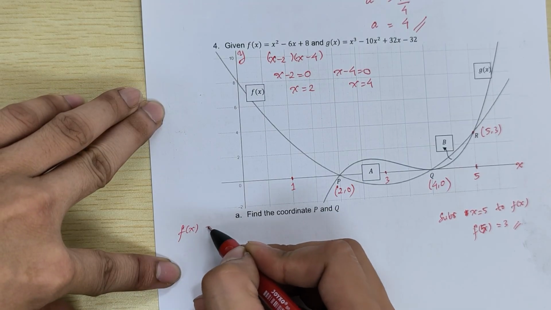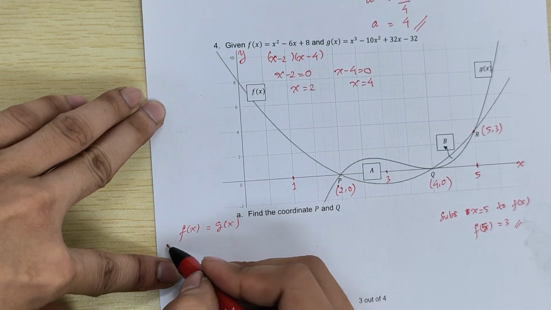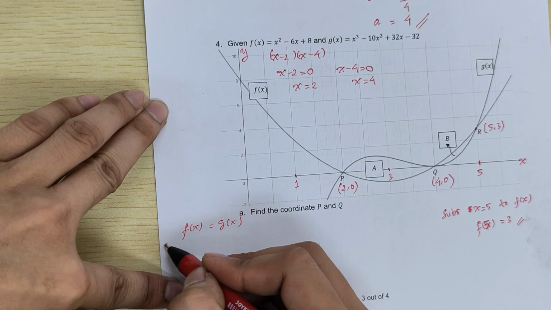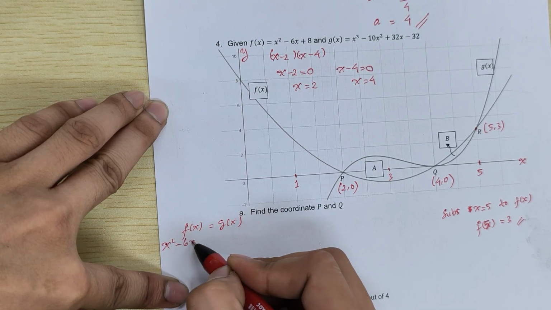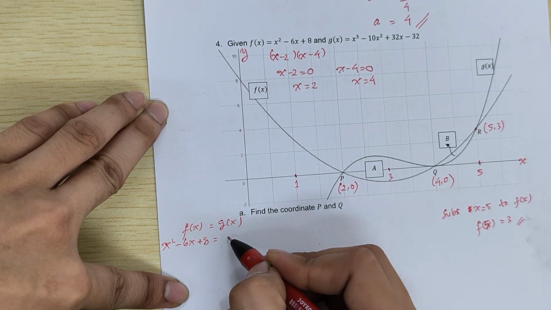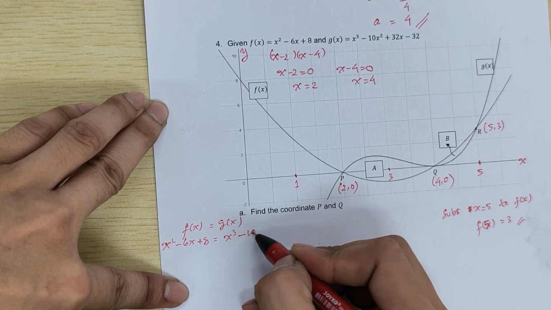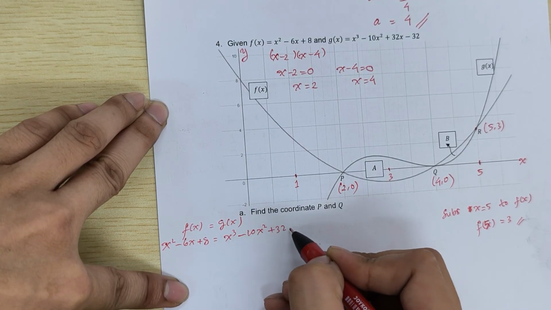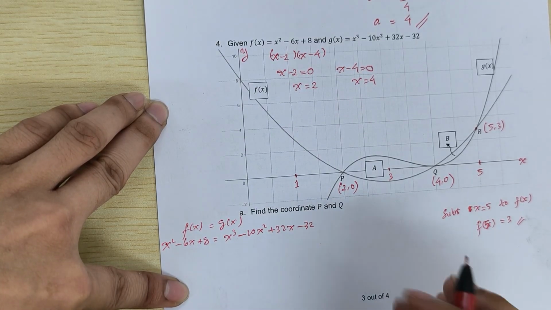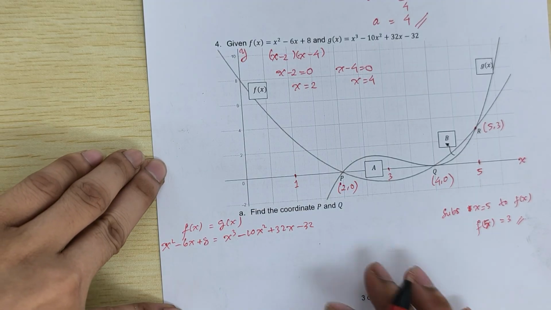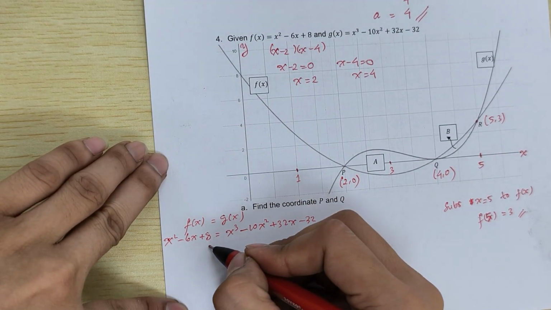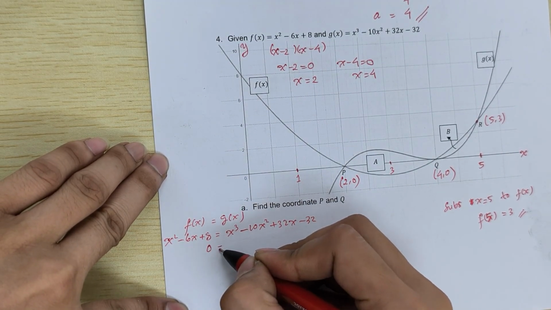So f(x) equals g(x). Here we have x squared minus 6x plus 8 equals x cubed minus 10x squared plus 32x minus 32. Make all of the terms on one side, let's say on the right side.